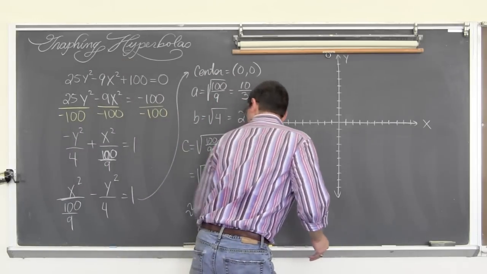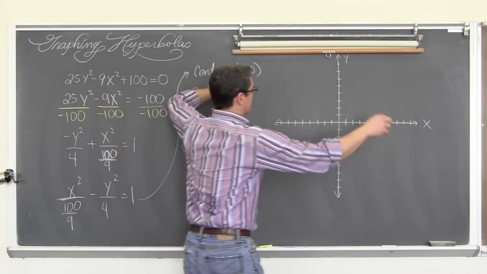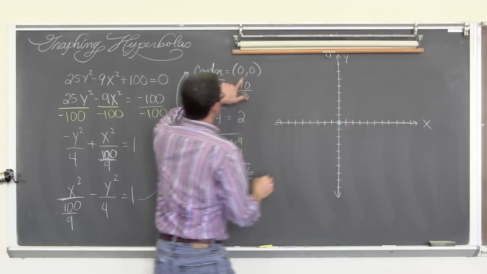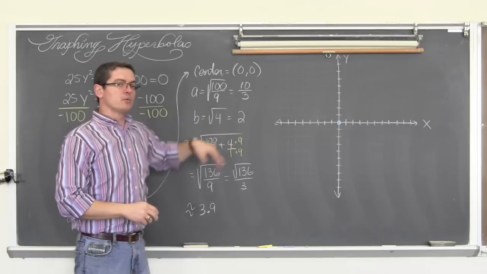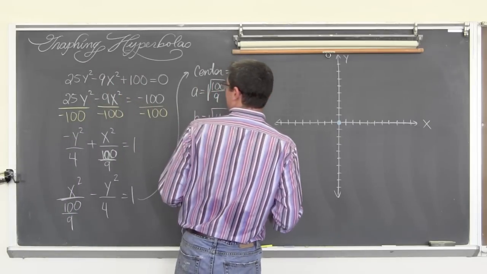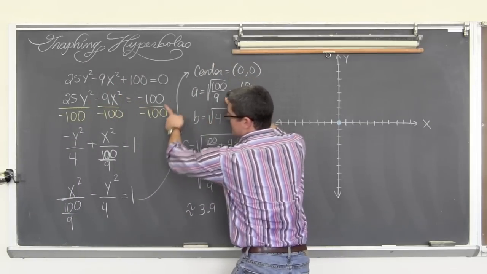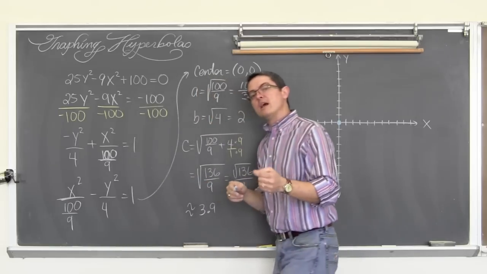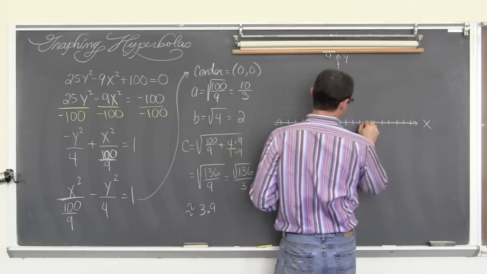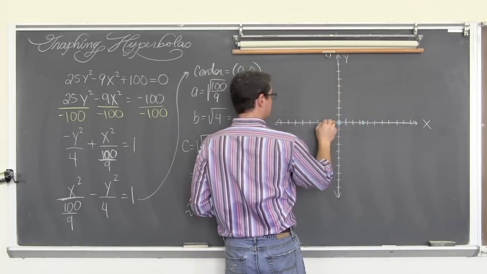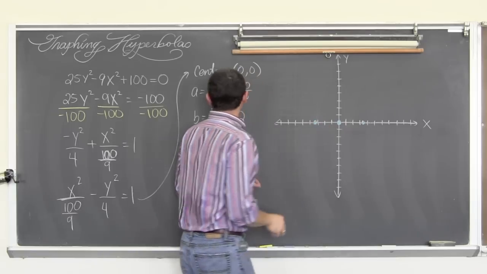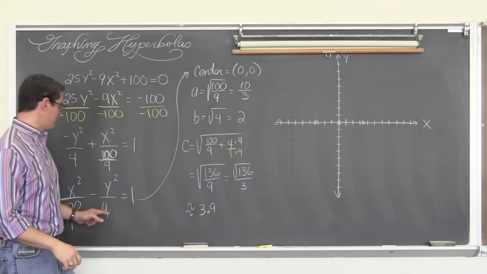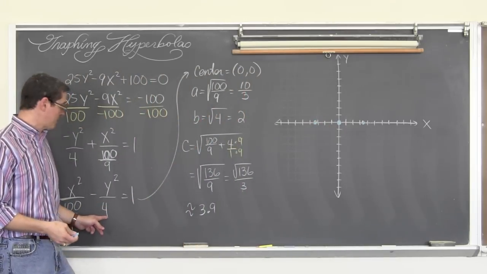So my center is at 0, 0. My a value is 10 over 3, or 3 1/3. And a came from underneath the x, so we're going to go left and right 3 1/3. And b is 2, and that came from square rooting the number underneath the y, so we're going to go up and down 2.